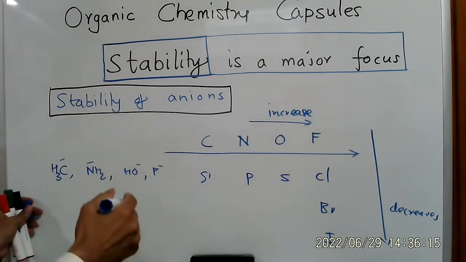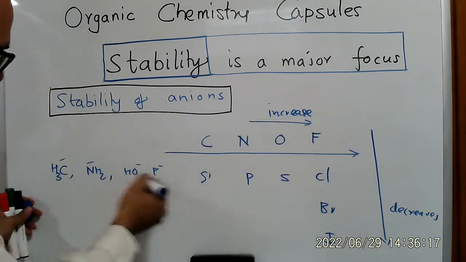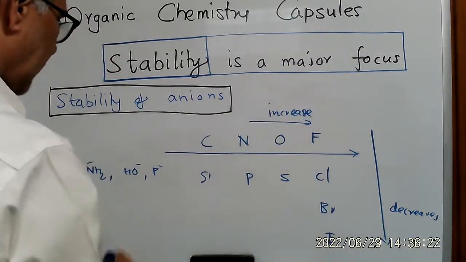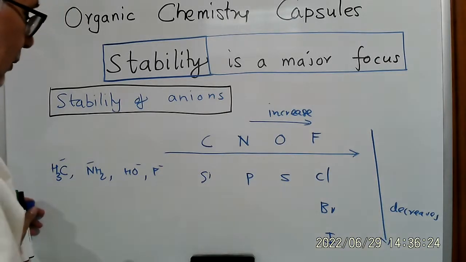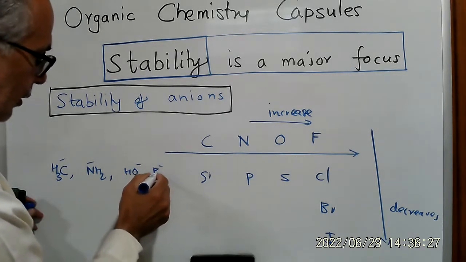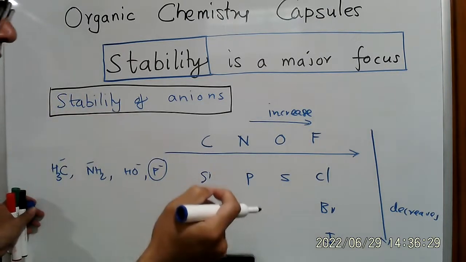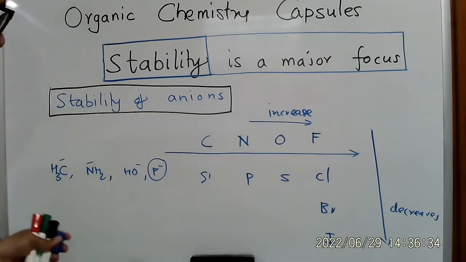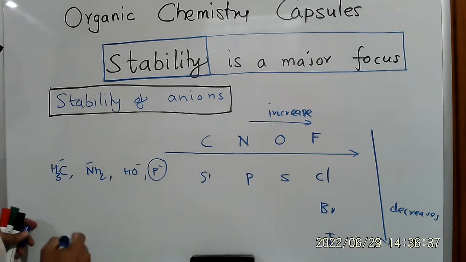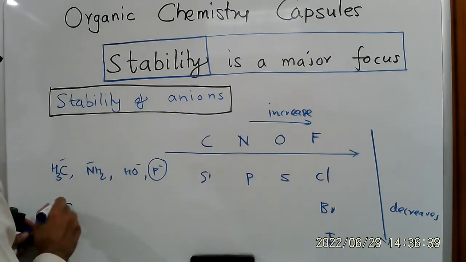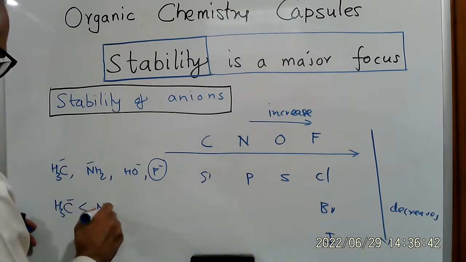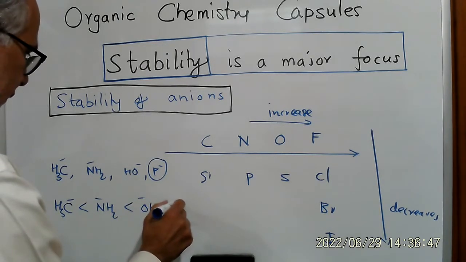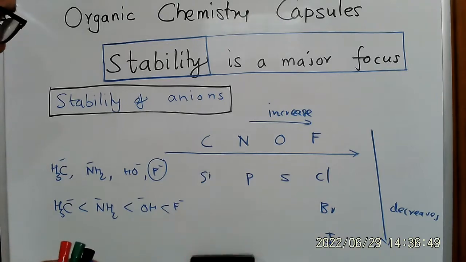When we are comparing anions in that fashion, we look at the electronegativity and say fluorine is the most electronegative atom. So fluoride ion is most stable because fluorine is able to accommodate that extra electron. So fluoride is more stable. In the order of stability, CH3 minus is less stable than amide. This is what we discussed in one of the previous capsules, Electronegativity 2.